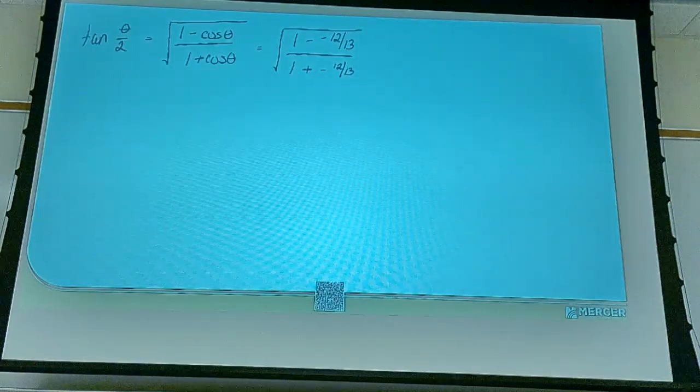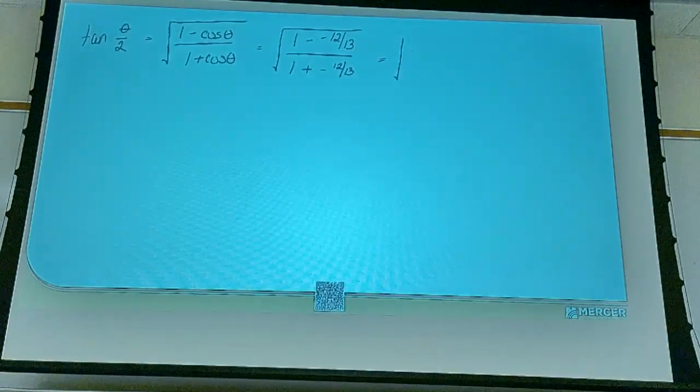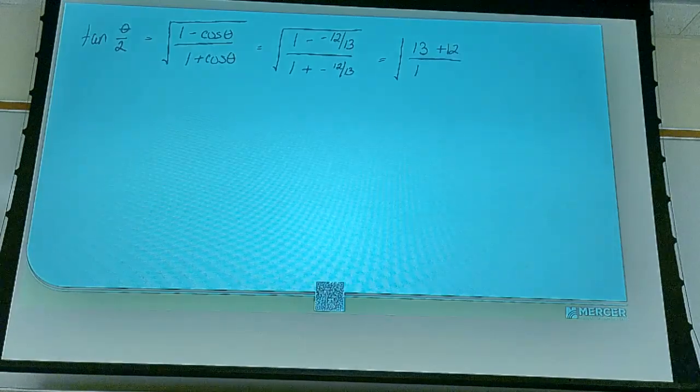Clear out the compound fraction. Okay, it's just square root of 25.